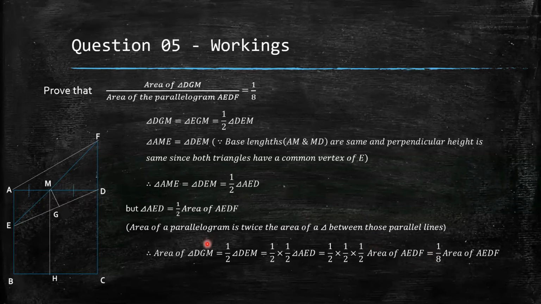Therefore, the area of DGM will be equal to half into half into half the area of AEDF. Once you multiply, it will become 1 over 8 the area of AEDF. So once you cross multiply, the area of DGM divided by the area of the parallelogram AEDF will be equal to 1 over 8. Therefore, the ratio can be proved like that.